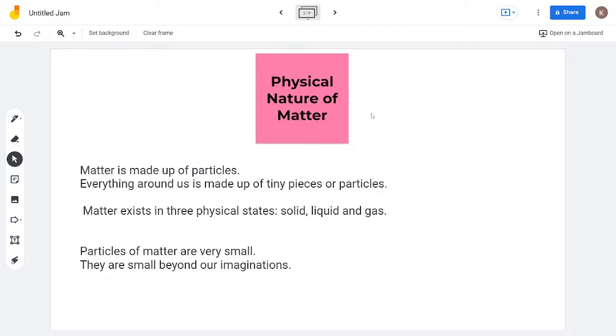So basically everything around us is made up of tiny particles, and matter exists in three states, which are solid, liquid and gas.